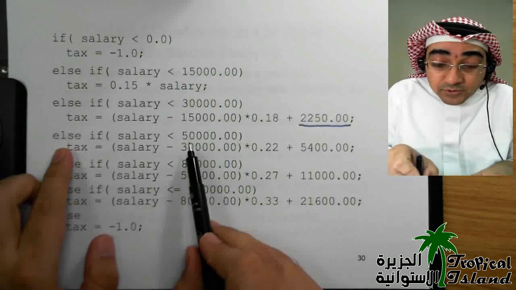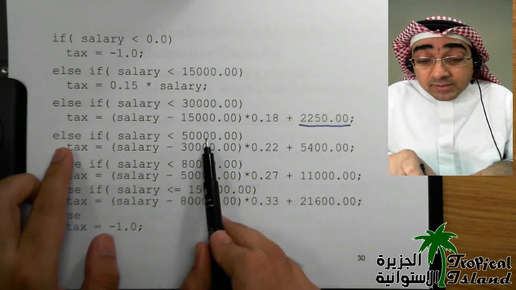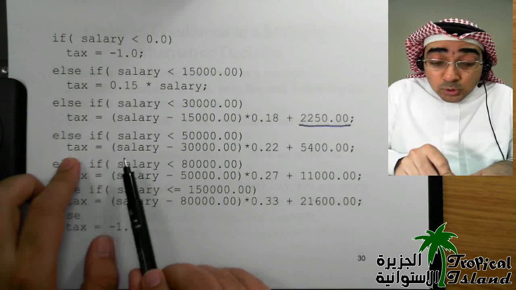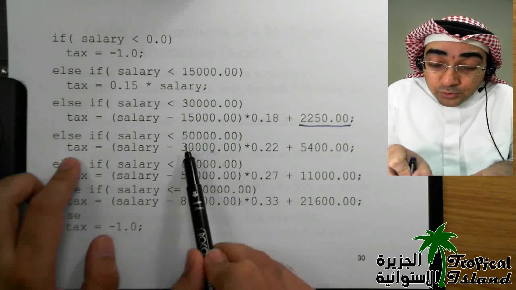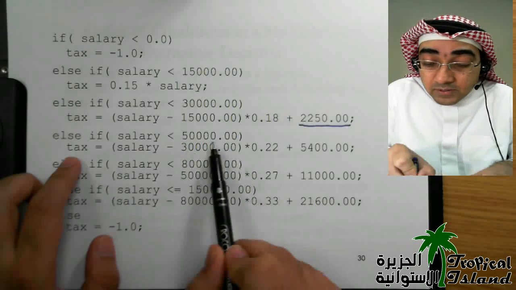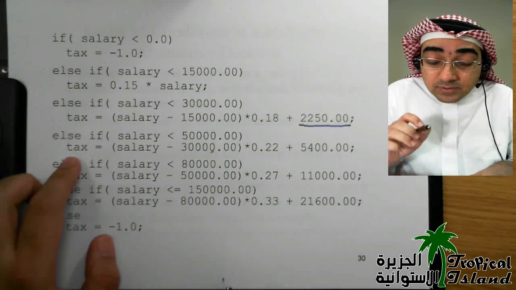Now, over here, if your salary was less than 50,000, so you're in the next bracket, you are paying a tax of 5,400, which is the base, and 22% of your salary minus 30,000, which is the base of this one.